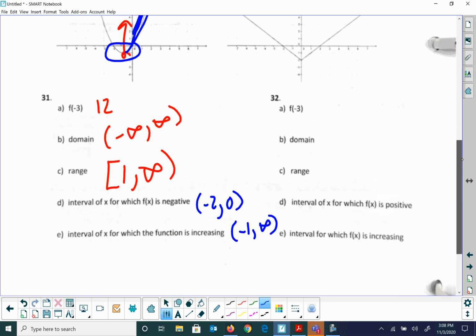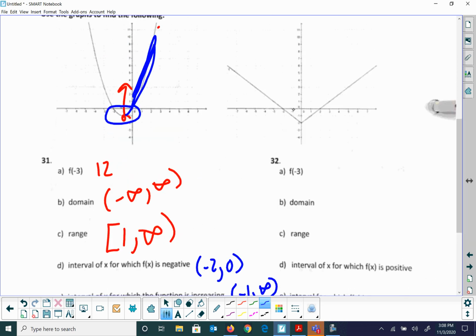All right, next question. F at -3, so -3 is here, so that looks like it's up at 1. The domain of this, I don't think we have points on each end, so I think my domain goes forever left, forever right, so negative infinity to positive infinity. My range goes from here, -2, and it heads on up to infinity.